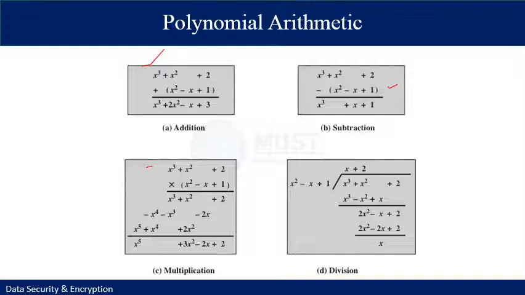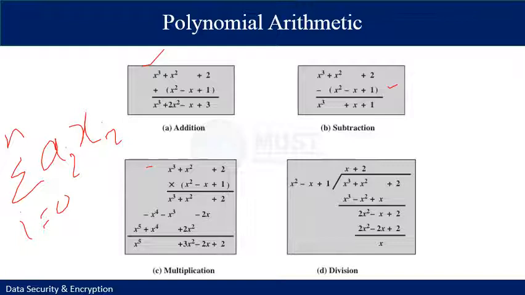This form is usually represented as the sum over i from 0 to n of a_i x^i, where a comes from the coefficient set and x is the variable in question.